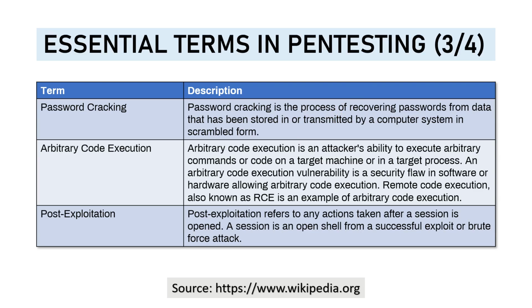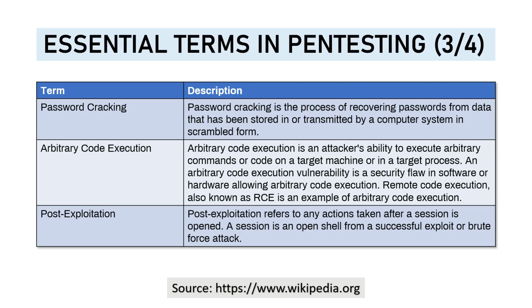And the last one is about post exploitation. Actually, this is not the last one, in fact. Post exploitation refers to any action taken after a successful session is open, a shell from a successful exploit or brute force attack.